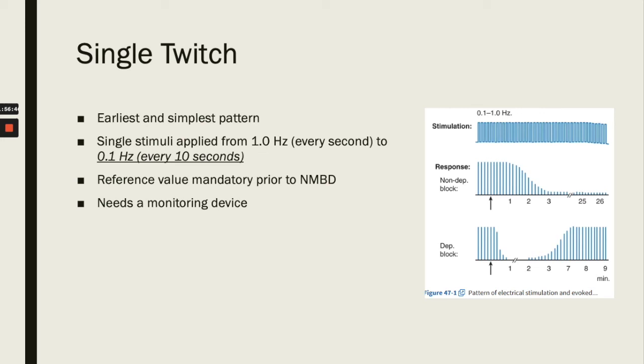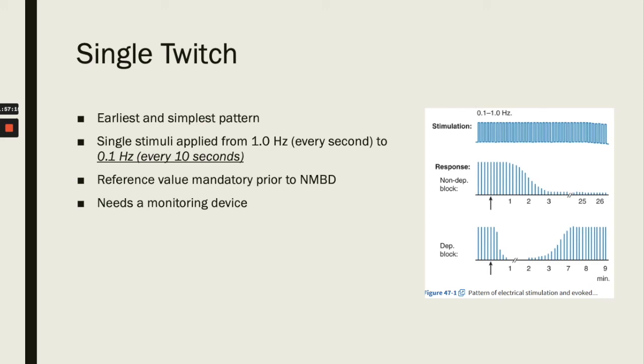Okay, so single twitch, it's the earliest and the simplest pattern that was introduced into anesthesia. It's a single stimulus that's applied from 1.0 hertz, so 1 hertz every second, to 0.1 hertz, which is every 10 seconds.